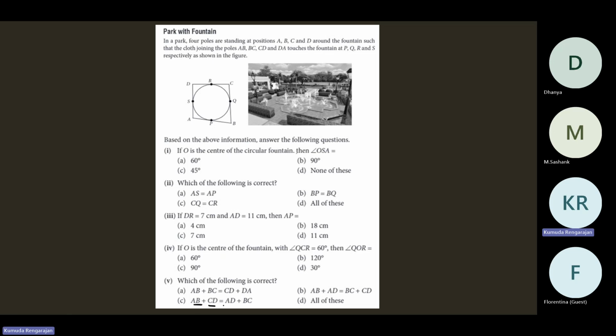This one is the correct option, correct? You should remember this. The sum of the opposite sides, AB plus CD, is equal to BC plus AD.